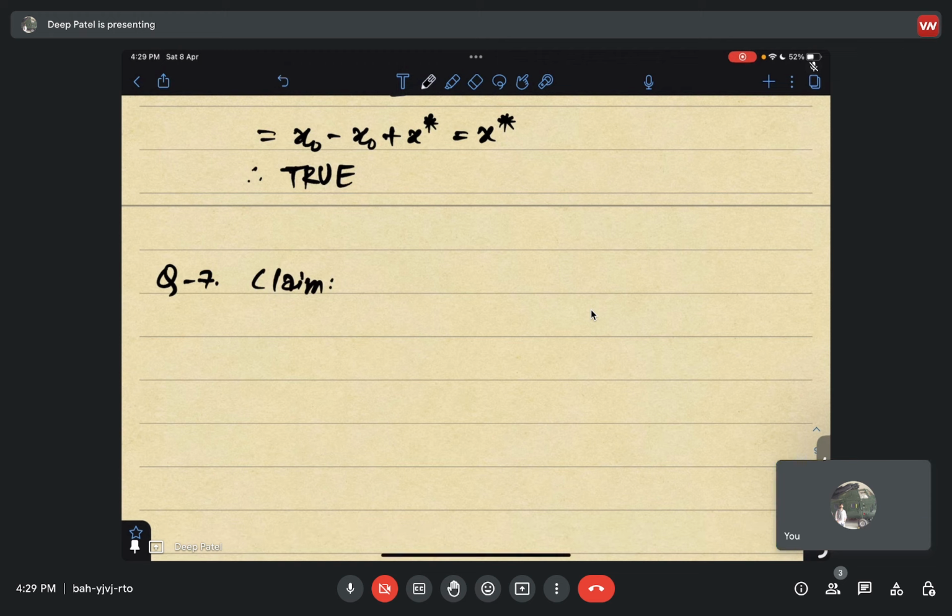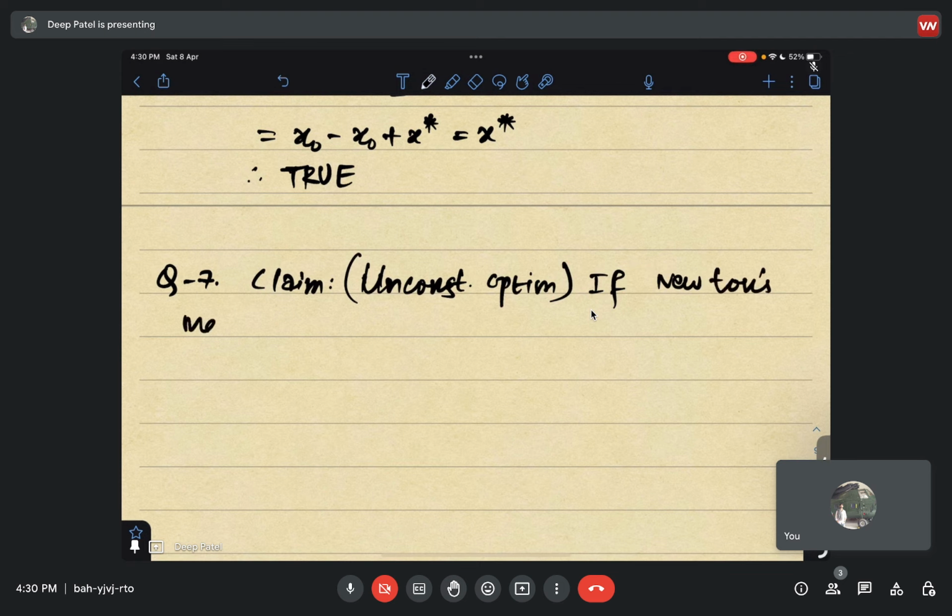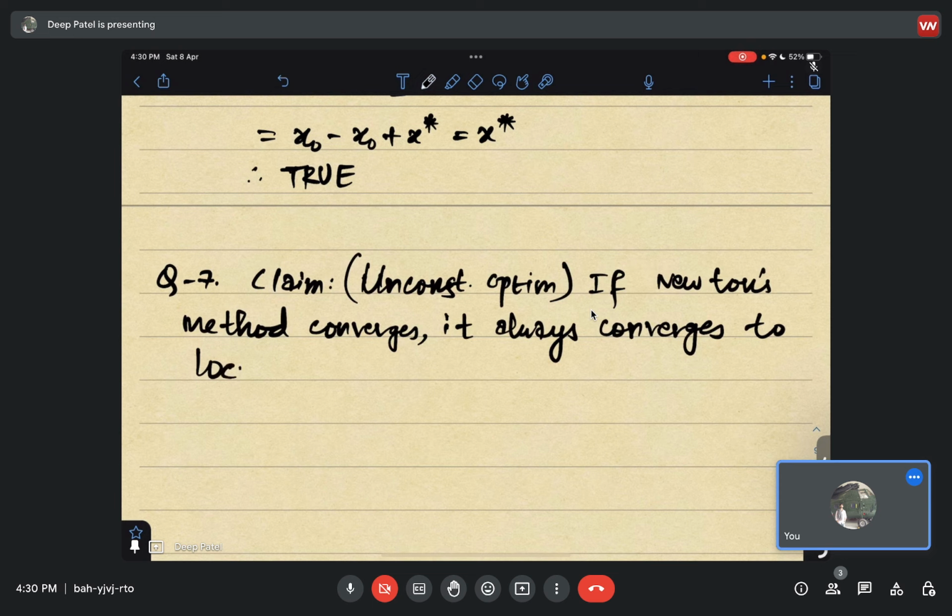So the claim is that for unconstrained optimization, if Newton's method converges, it always converges to a local minimum.